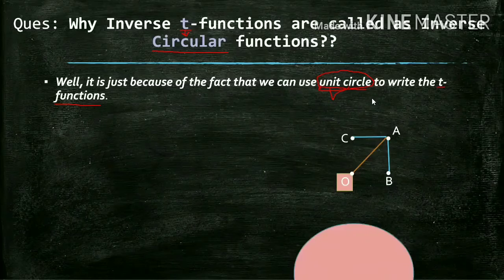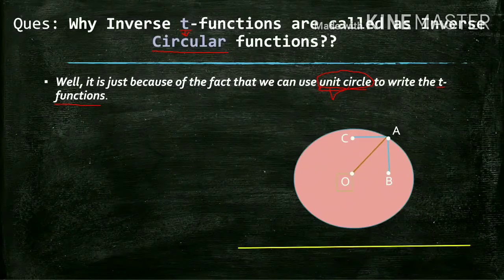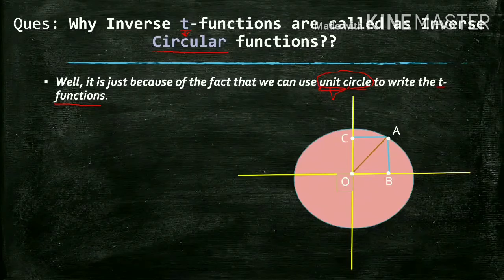Okay. So let me just draw a circle. Drawing the axes and four points. One is O, which is the center, and the others are B and C. And drawing an angle alpha, which meets the circle at point A. Okay. Now, can you tell what is this AB length? Basically, just use the Pythagoras theorem.